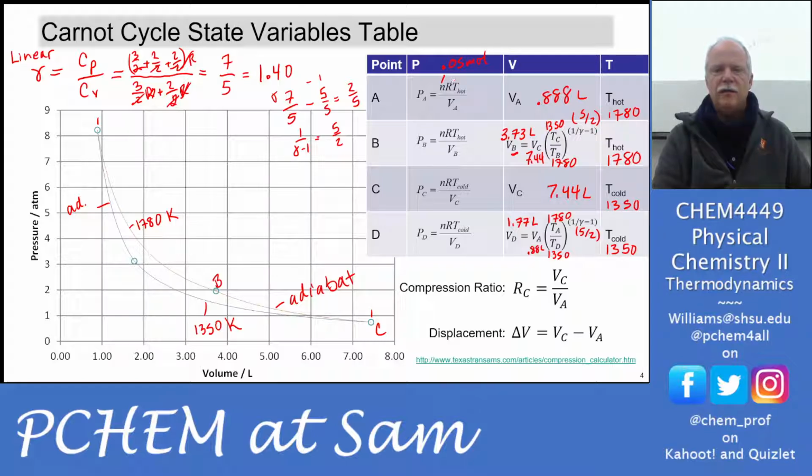Gas constant, which one are you going to use here? 0.08206 liters atmospheres per mole Kelvin. That way we cancel the moles, we cancel the Kelvin from the temperatures, we're dividing by the volume, and so we're left with atmospheres. So that's good. We have the hot temperature, and then we're divided by 0.888.